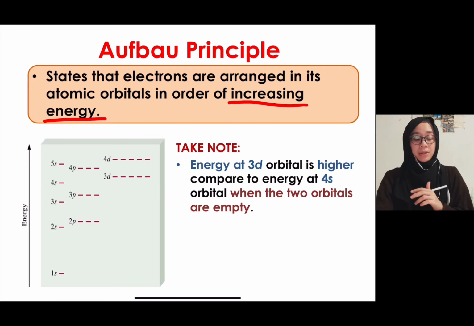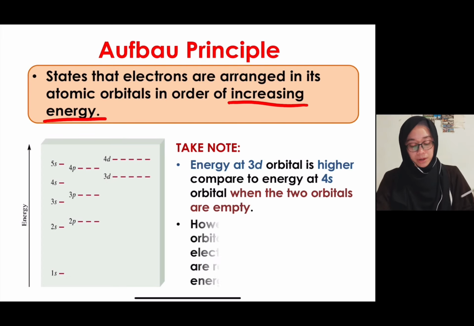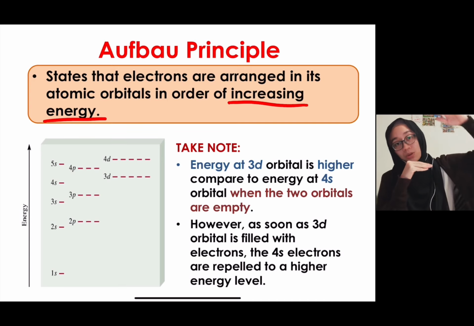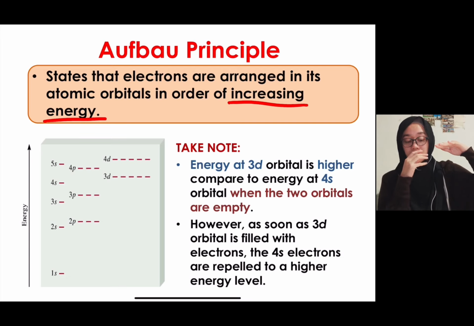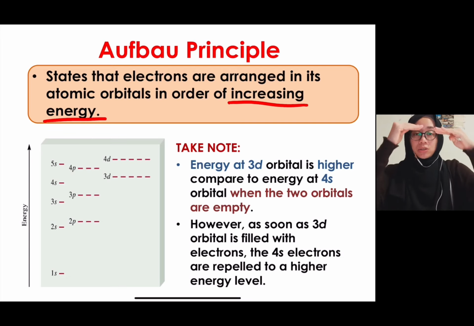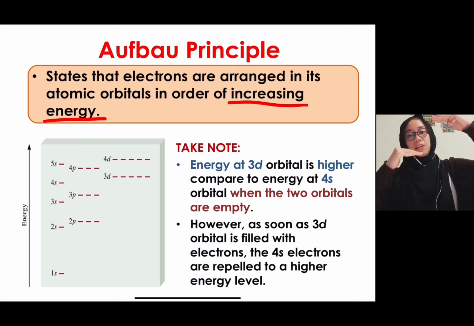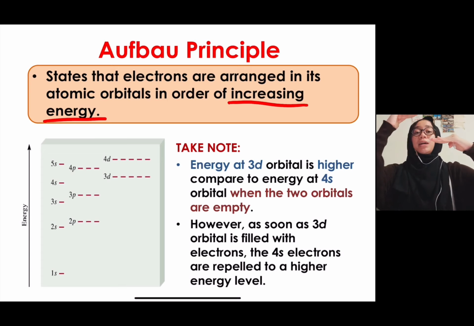But what happens when we start to fill in the 3d orbitals with electrons? As soon as the 3d orbitals are filled in with electrons, the 4s electrons are repelled, so they get to a higher energy level. Bermaksud once 3d dah terisi, kalau kamu punya view ini 3d, ini 4s, once kamu dah isi 3d sahaja, dia akan terus start repel, and 4s akan has a higher energy compared to 3d.